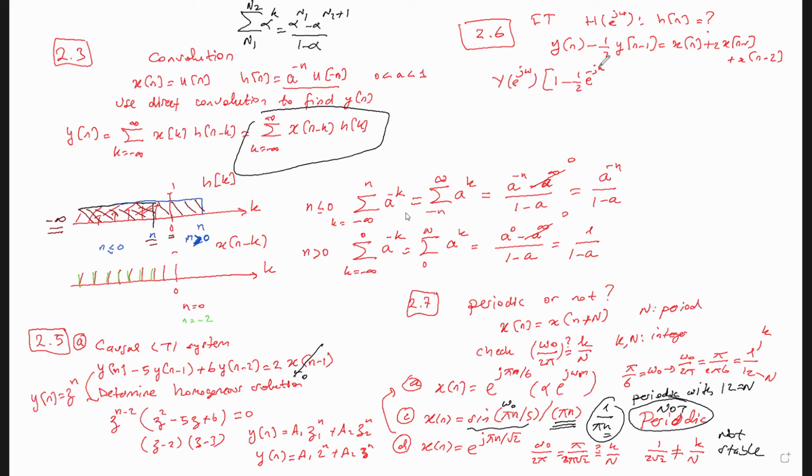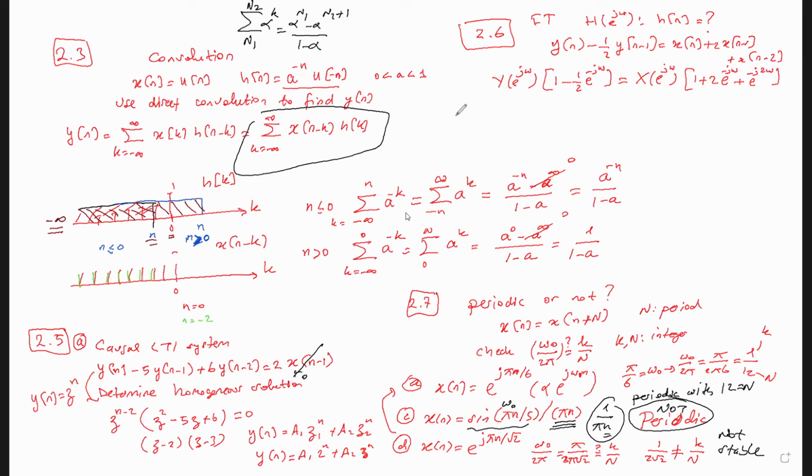And on the right-hand side, we get X of e to the j omega times 1 plus 2 e to the minus j omega plus e to the minus j 2 omega.